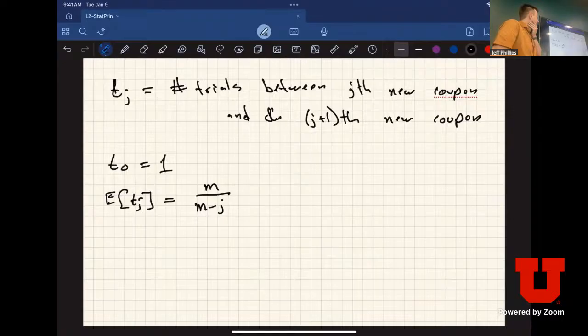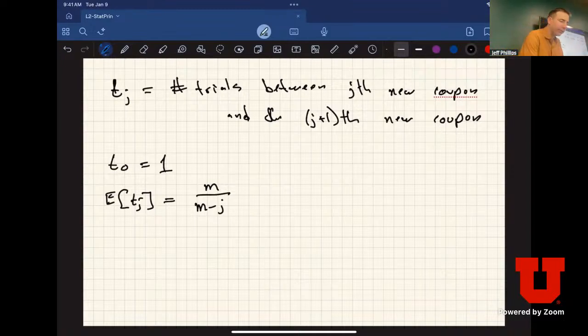Okay, so if j is 1, then m over m minus 1 is slightly bigger than 1. If j is equal to m over 2, so I've seen half the coupons so far, then the probability I get a new coupon is 1/2. So the expected number of trials is 2, right?